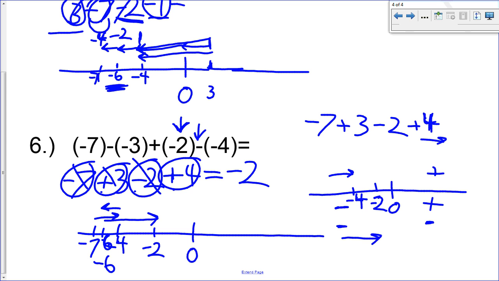It's just enough to get us back to -2. And that is the answer again, -2. So start with the number line. After you work with them long enough, hopefully you'll be able to do these in your head.